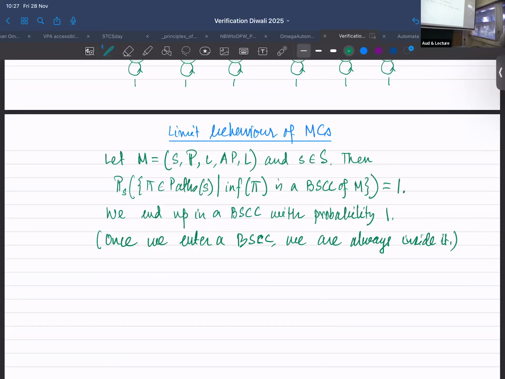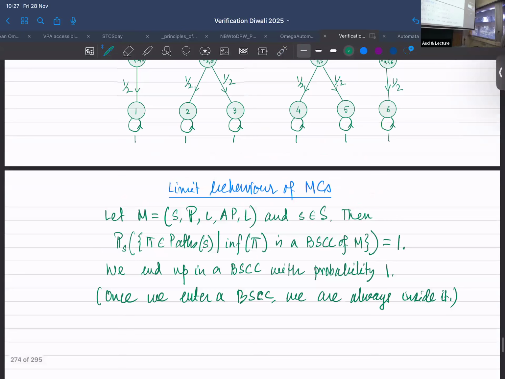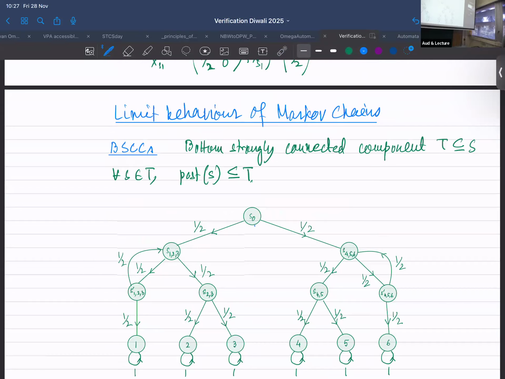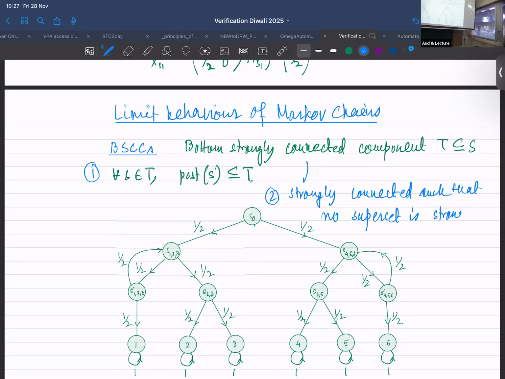And a BSCC is first of all strongly connected. There is also one more thing: no superset is strongly connected.